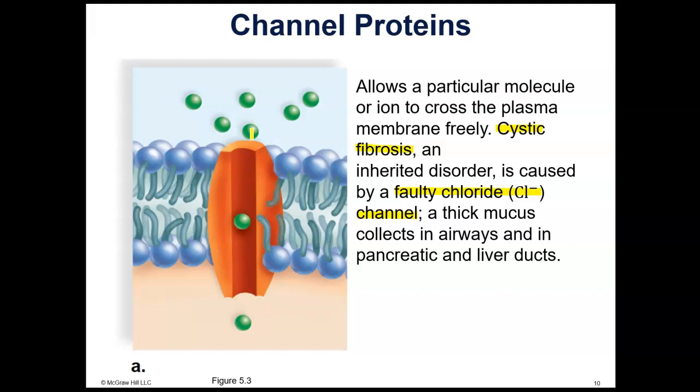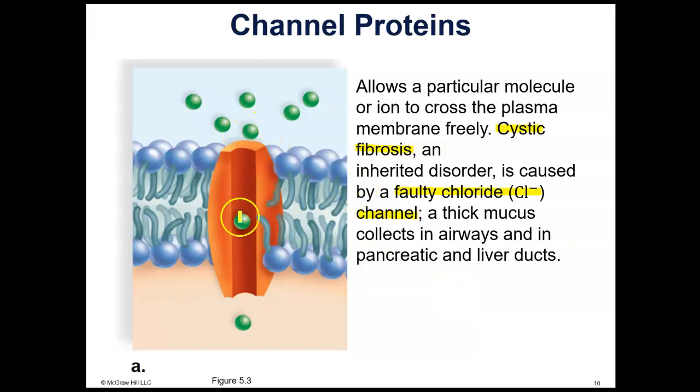So the mucus builds up in your lungs and causes it to be really hard to breathe. So they have to cough, they have to break up that mucus, they have to do breathing treatments, and it's not just the lungs. Also, a thick mucus collects in the pancreatic and liver ducts, not only the lungs. And this is because it all comes back to a faulty chloride ion channel.